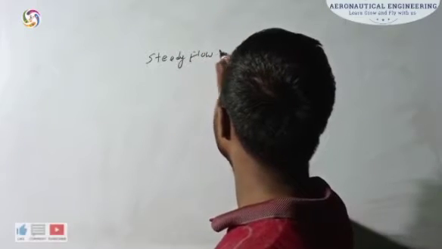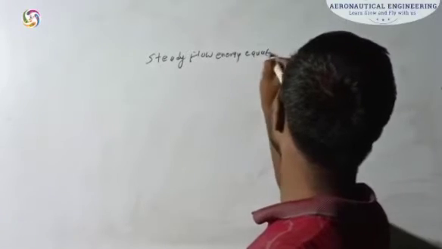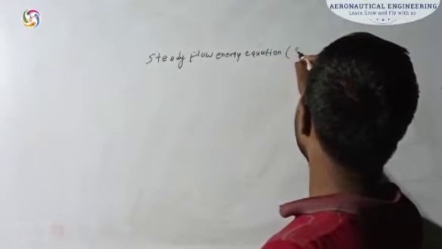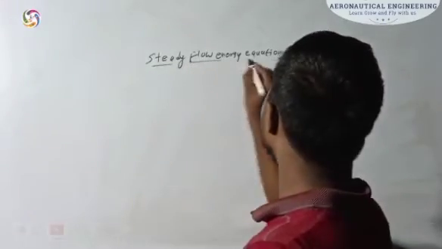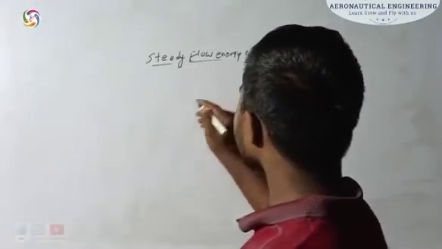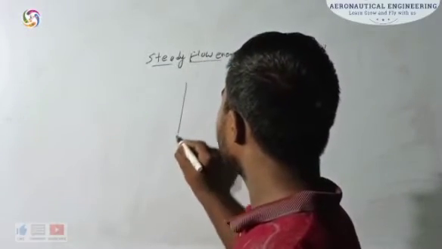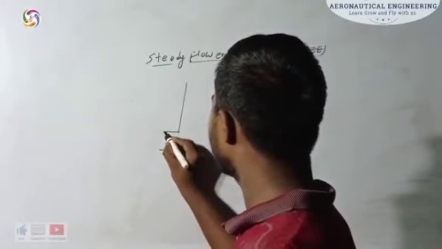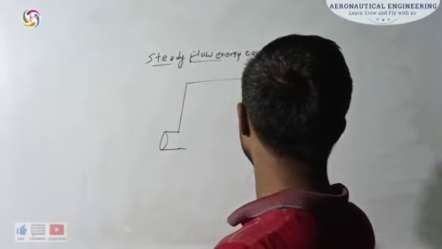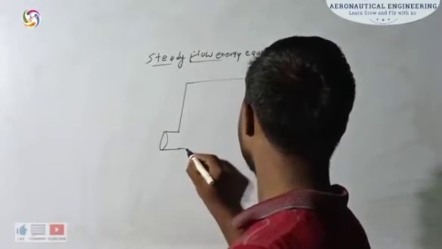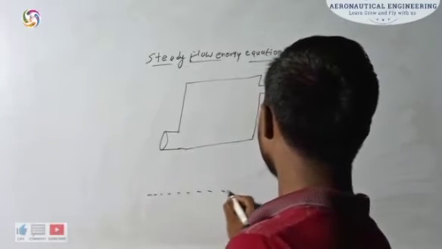Steady flow energy equation, in short we call it SFEE. So suppose I am taking here an open system, and this line represents the datum line.